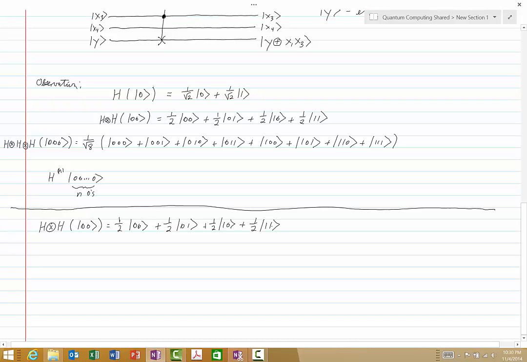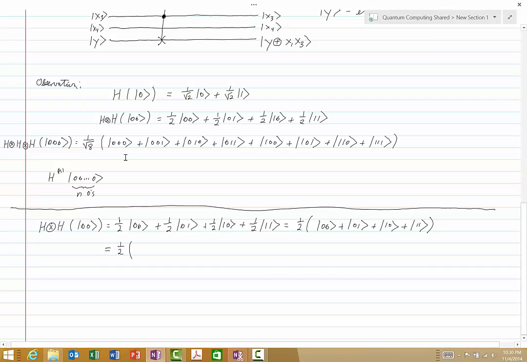Now, the first thing I want to recall for you is the following. Obviously, we could factor out the 1/2 and then get 0, 0, 0, 1, 1, 0, 1, 1. But you might remember, we have not used it much in this course, but very early in the course, if you were following along in the text, you might remember the following notation.